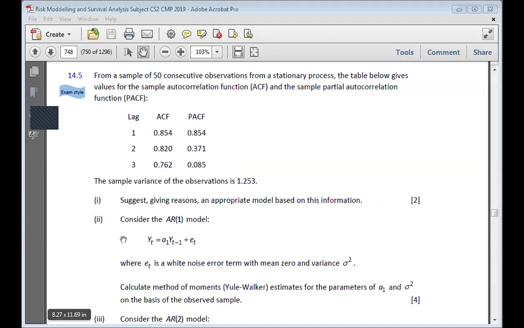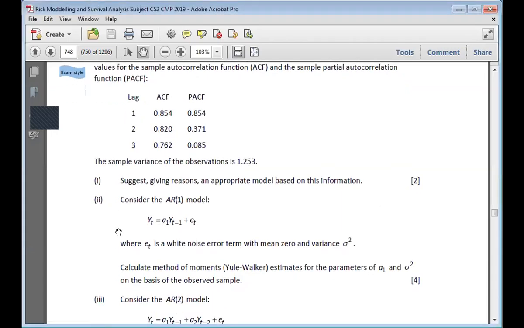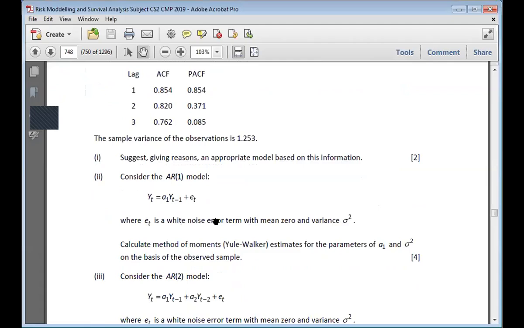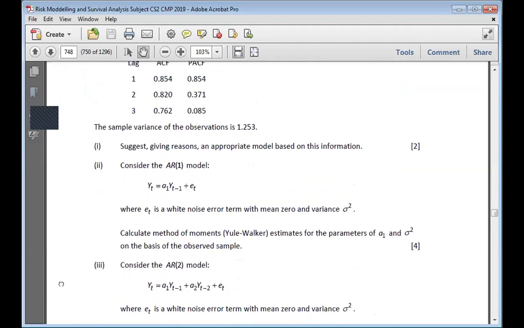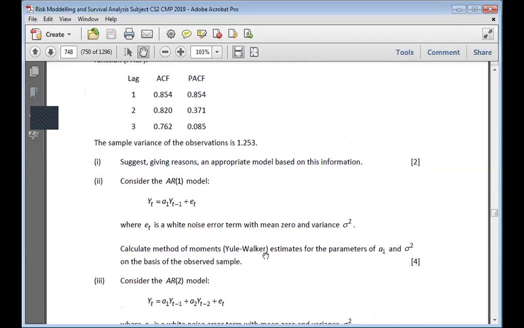So the next question is, you consider the AR1 model, which is Y_t equals alpha 1 Y_(t-1) plus A_t. And A_t is just a white noise error term with mean 0 and variance sigma square. So what they're asking you to do is calculate the method of moments estimates for the parameters alpha 1 and sigma square on the basis of the observed sample.